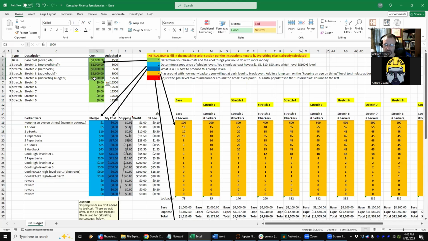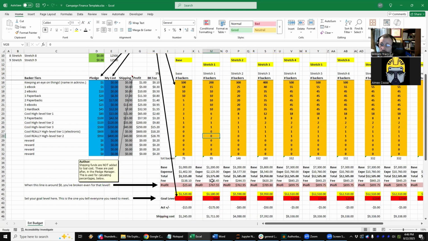Like I said, I tend to use slightly larger milestones because I'm producing books, and a lot of it's like I'll pay my writers more, or I'll get a hardback, or I'll do an audiobook or something, which are fairly large, thousands of dollars for a stretch goal. If you're doing something a lot smaller, like I'm adding illustrations that's $200 to my book, it's going to be a lot easier to hit that goal.